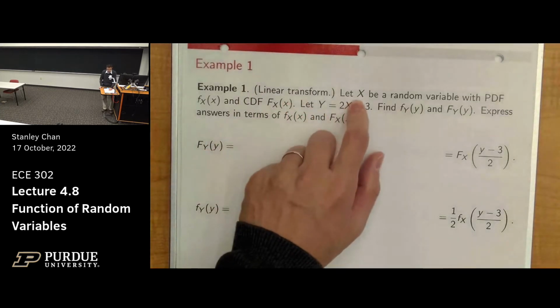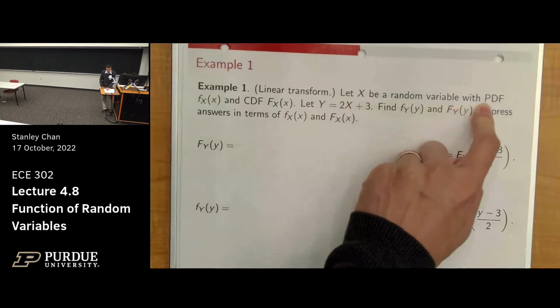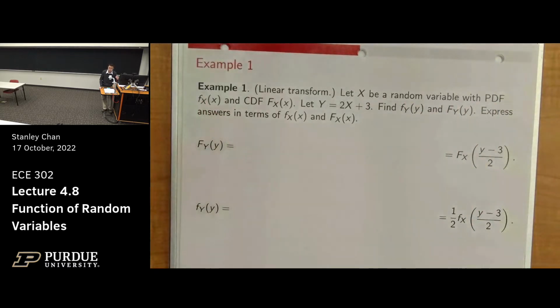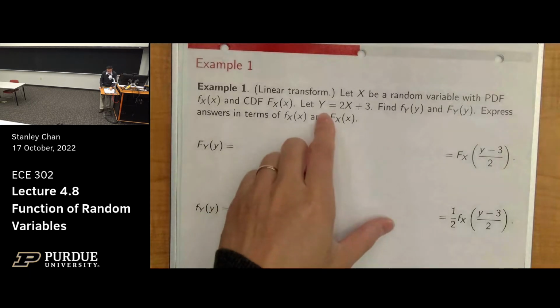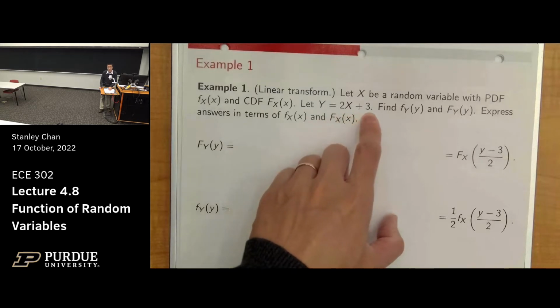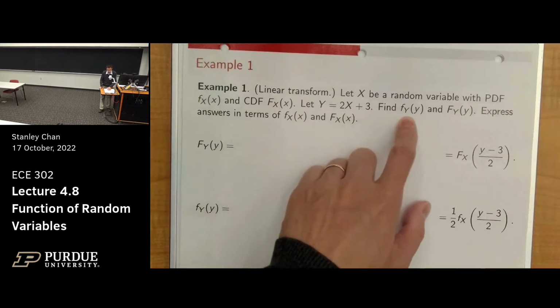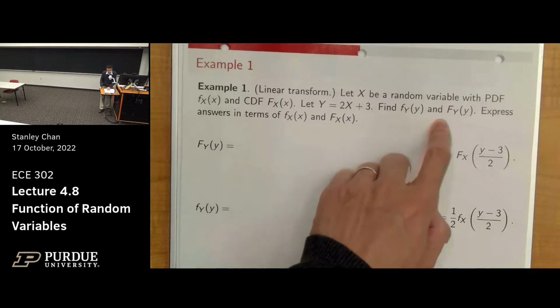Let X be a random variable with a PDF and CDF, which I am not specifying yet. It could be a uniform, it could be a Gaussian, it could be something else. I let Y equal 2X plus 3, and I want to find the PDF of Y and the CDF of Y.